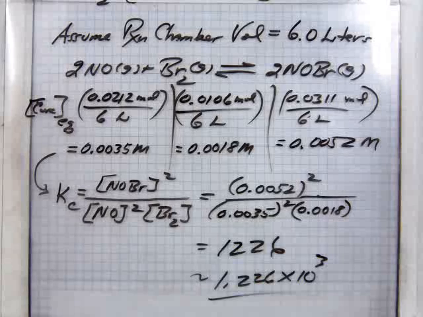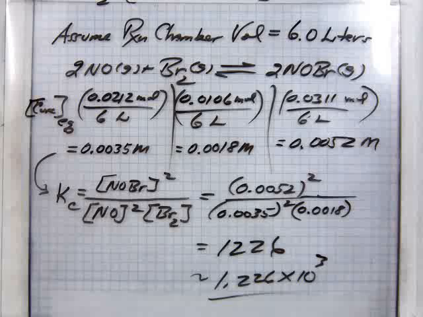So the reaction would reflect a significant yield of product, and it would be way high relative to the concentration of nitrosyl bromide versus the reactants of nitrous oxide and bromine.